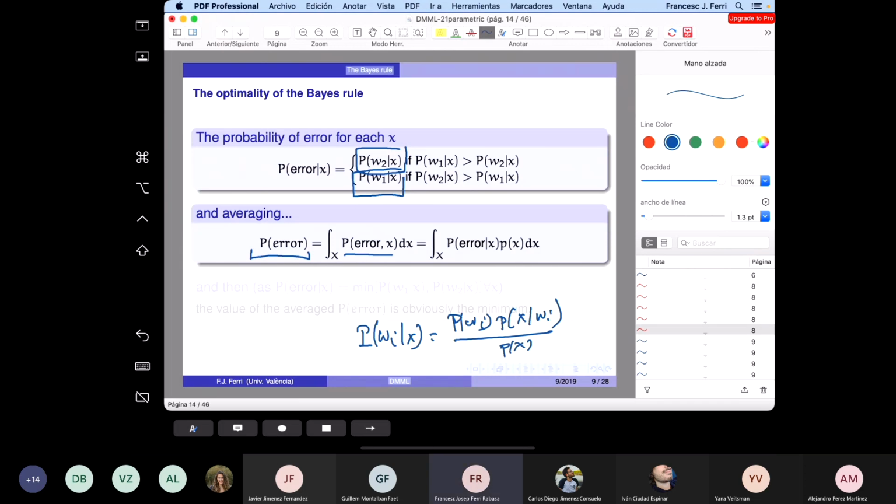Is it okay? And, oops, I think there is an error.